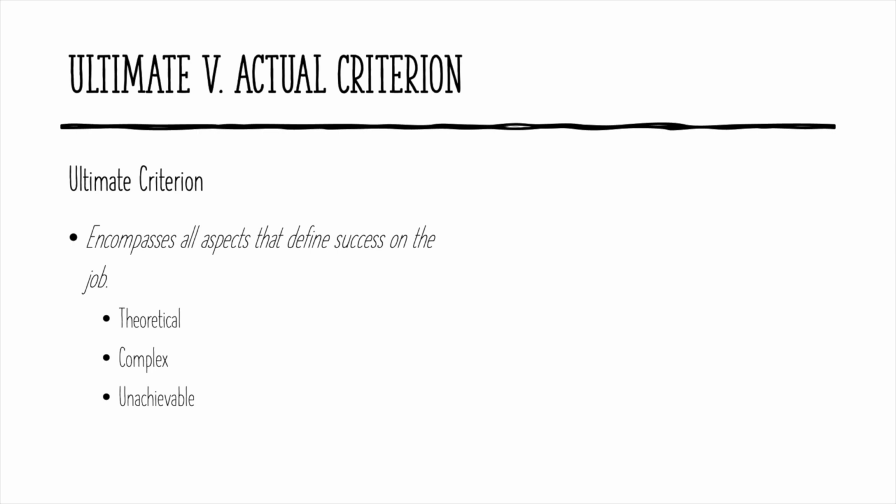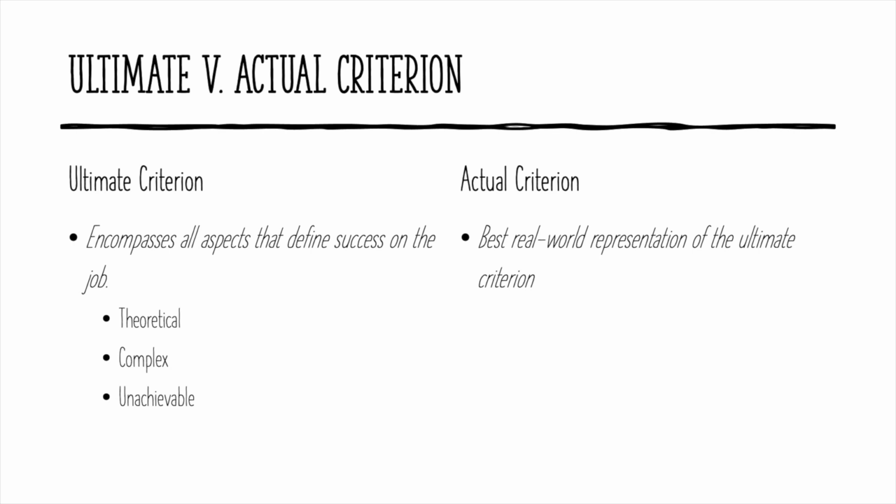Hence, we tend to shoot for assessing things like the actual criterion, the best real-world representation of the ultimate criterion. The reason why we use this is because it's usually measurable and achievable. And it also focuses on the most important aspects of the ultimate criterion, not measuring or getting at the minutia.